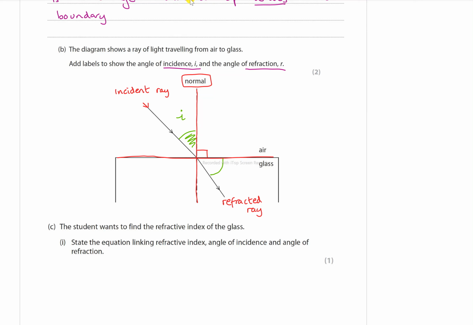and this here is the, oh, I fell for it. Let me just change color, might be useful now. This here is the angle of refraction.